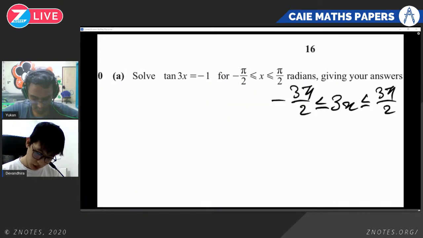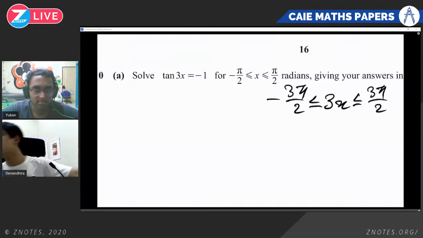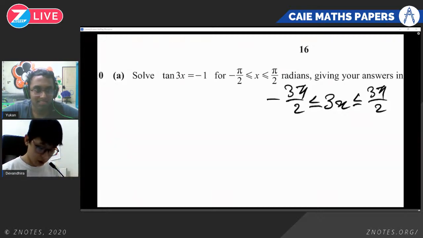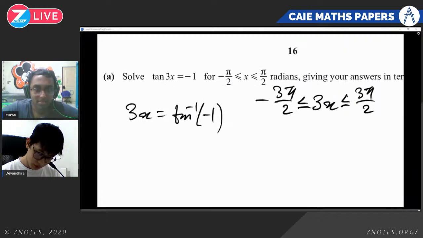Okay. That means when I take the inverse tangent of this, we'll have 3x is equal to tangent inverse of negative 1. Is that correct? Yeah, that's correct.